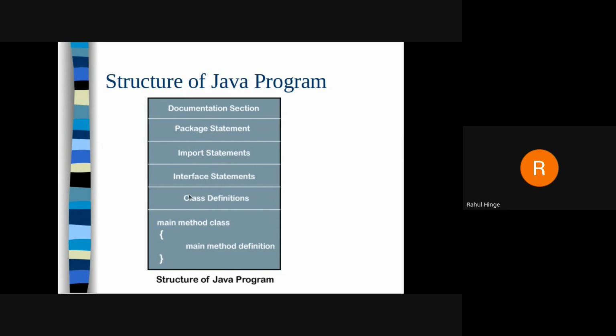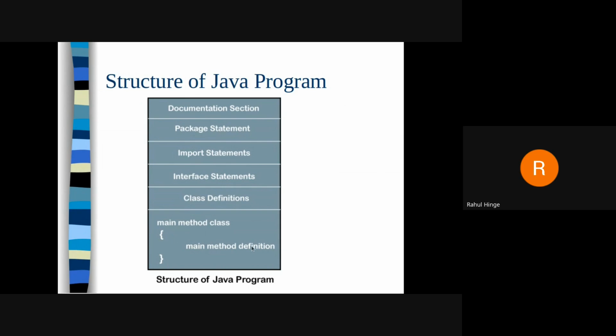Class definition is definitely compulsory, because without a class definition your program won't be complete, or you won't be able to run it. The last thing is the main method class. Either we can have the main method in a different class definition, or we can write it inside the first class definition. This is normally compulsory.